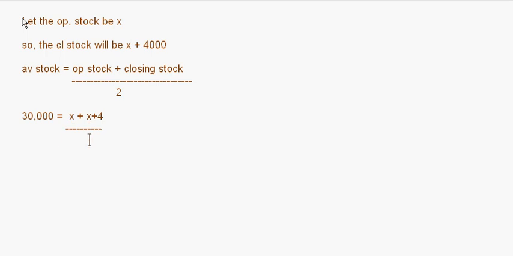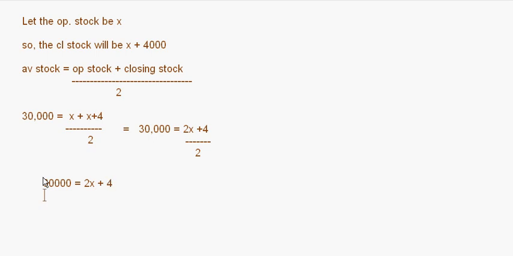Okay. So this will be 30,000 is equal to 2x plus 4 upon 2. Okay. So what will this be? This becomes 60,000 is equal to 2x plus 4.